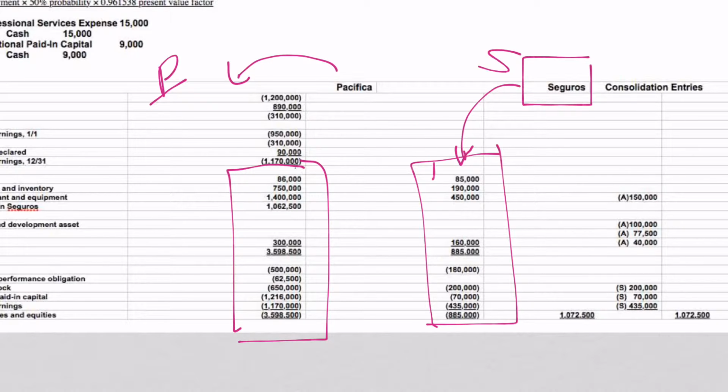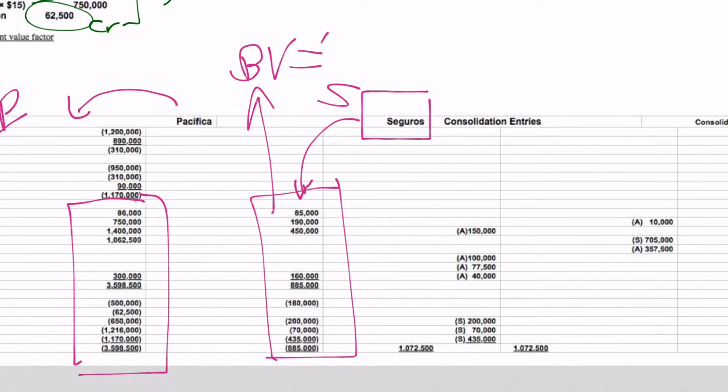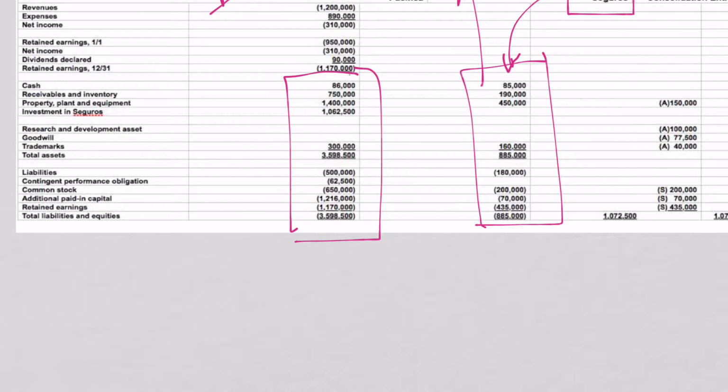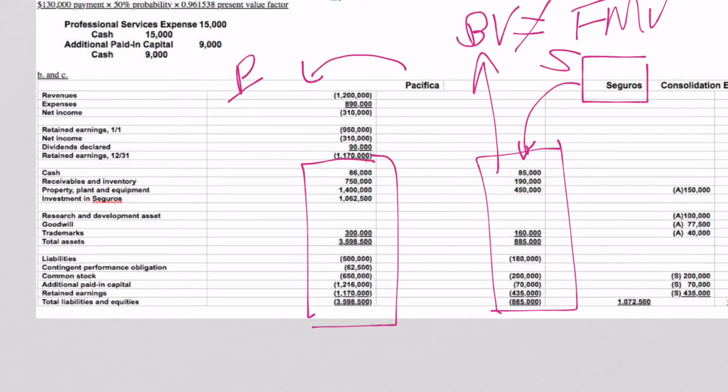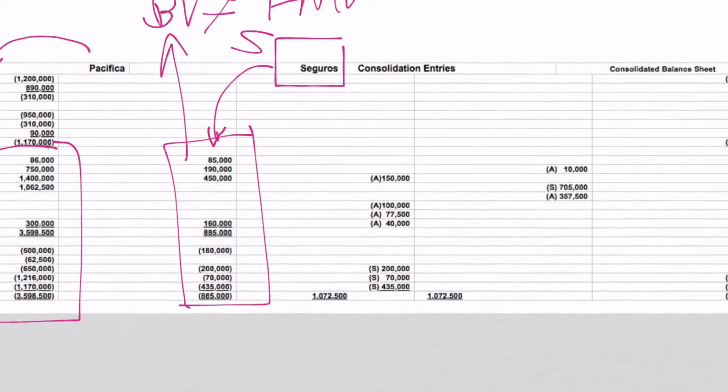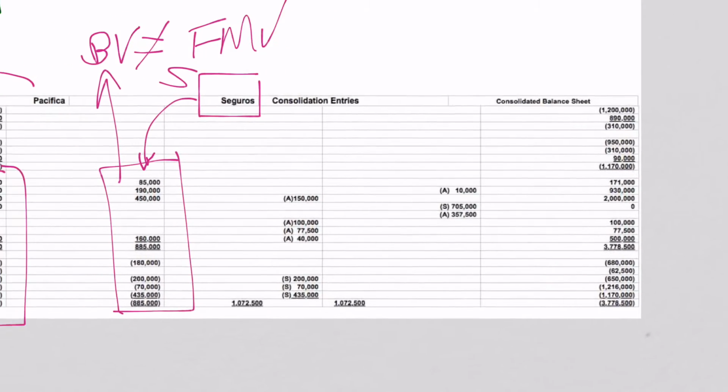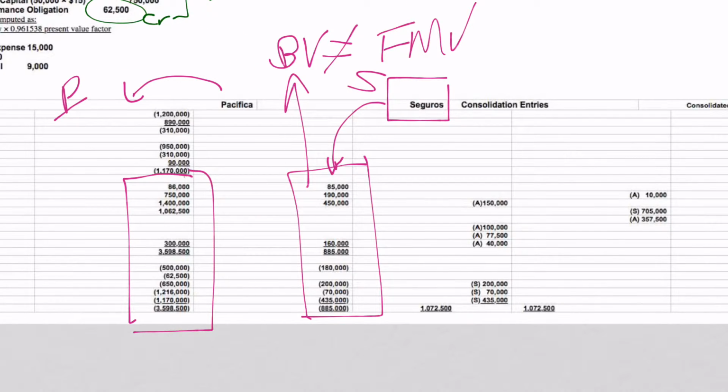So this reflects the set of books of Seguros at book value, not at fair market value. We know what the fair market value is because it's part of the purchase price. The problem gives it to us. Pacifica did its own valuation and came up with the values of each of these items, but they are reflected at book value in this column, because that's what's on the books of the subsidiary.